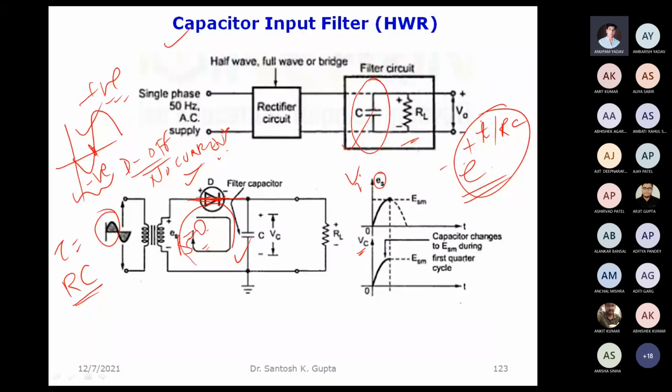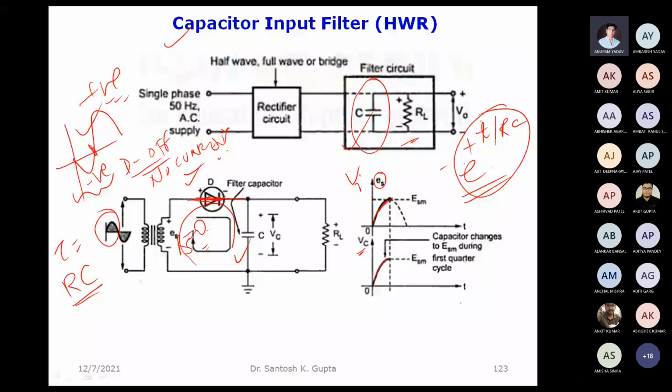So that also we can take into account. Now the capacitor is charging almost instantaneously, without any time delay, because the RC time constant is very small. So you can see here that as the input is increasing, the output is also increasing in tandem, without any lag.